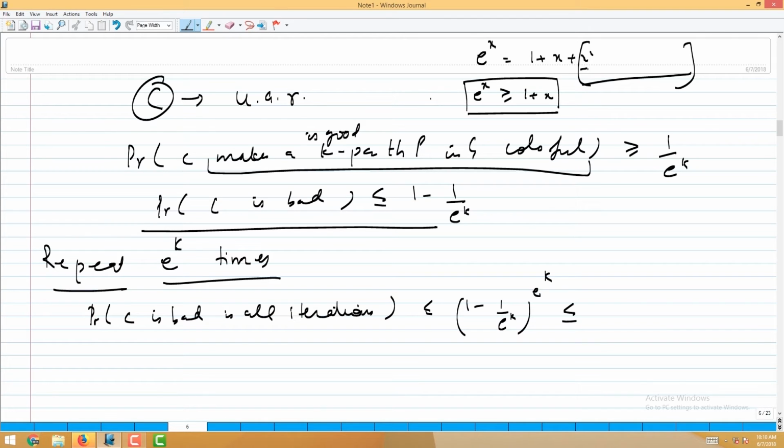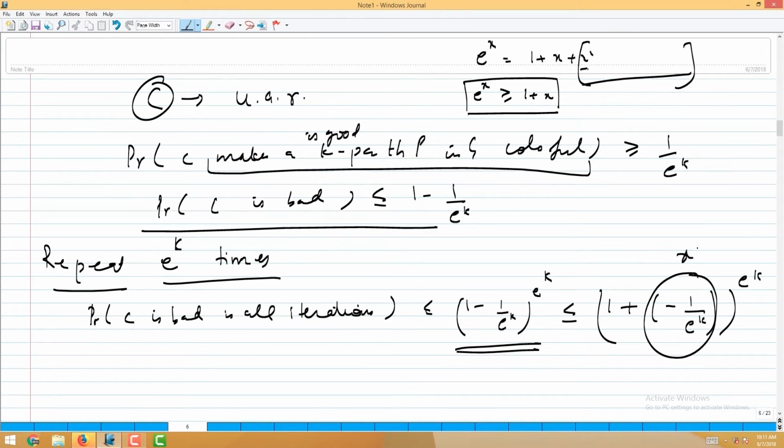Now I want to use this expression to simplify this. How will I simplify this? This can be written as 1 plus x, so consider this as x. Now use this, this is nothing but e power minus 1 by e power k, and this is raised to e power k here.